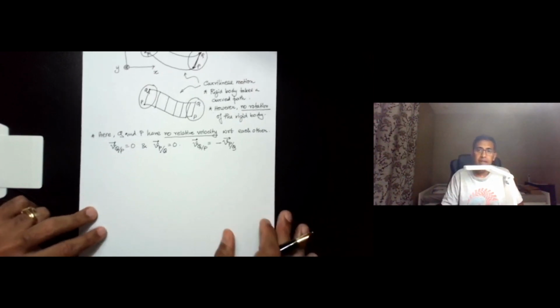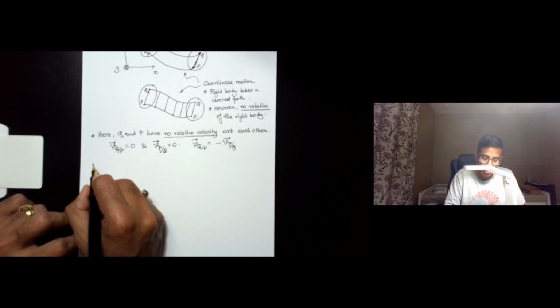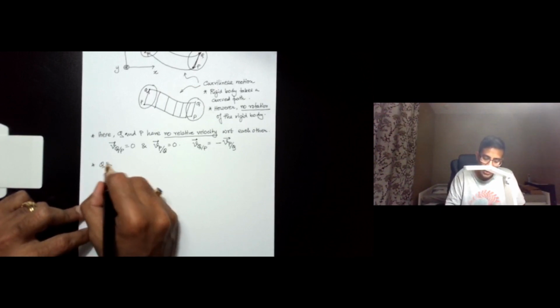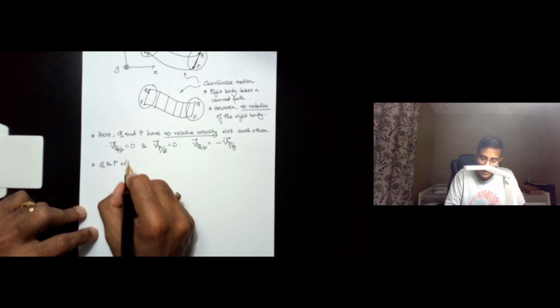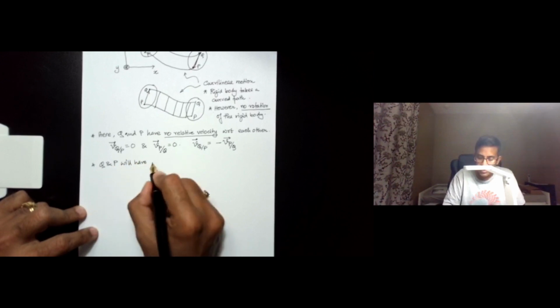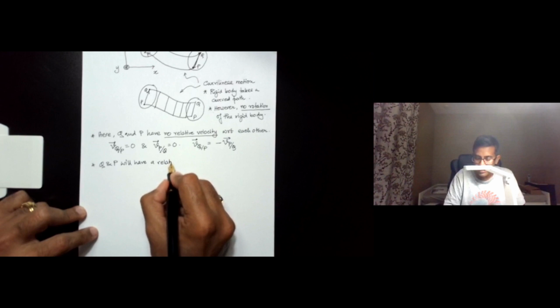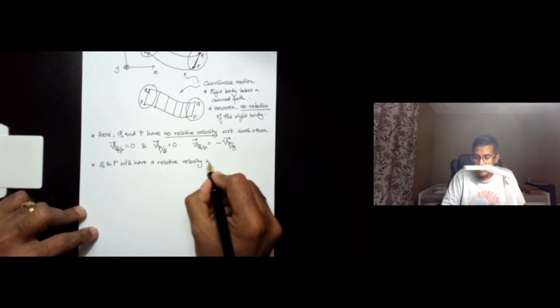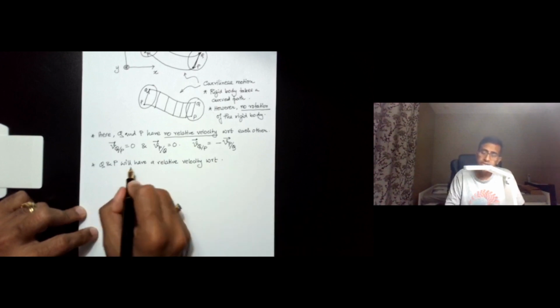Now, when will the 2 points on a rigid body have a velocity with respect to each other? Q and P will have a relative velocity with respect to each other. Actually, I shouldn't say will.